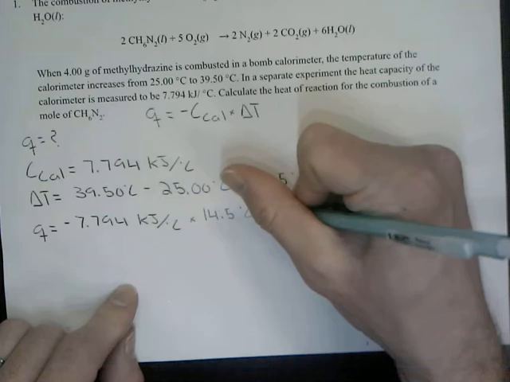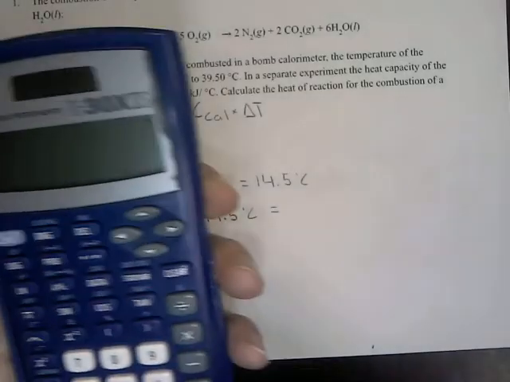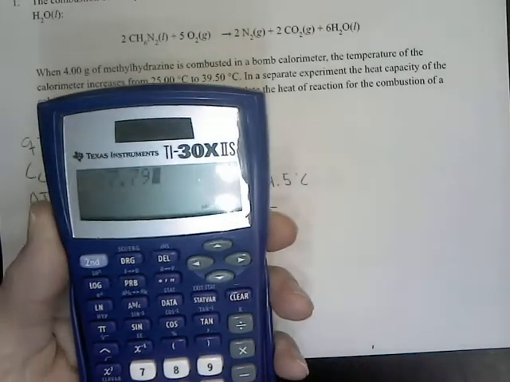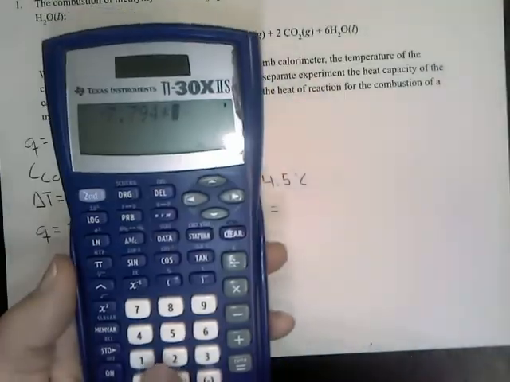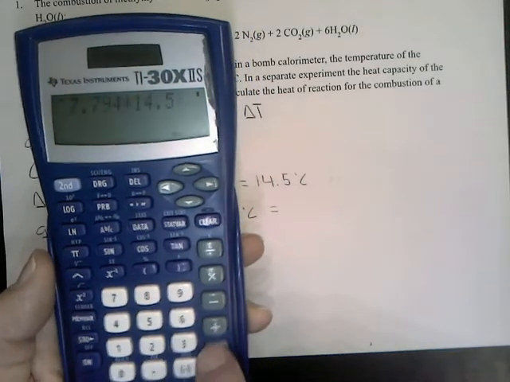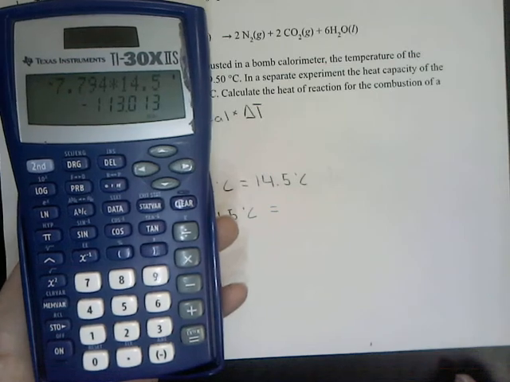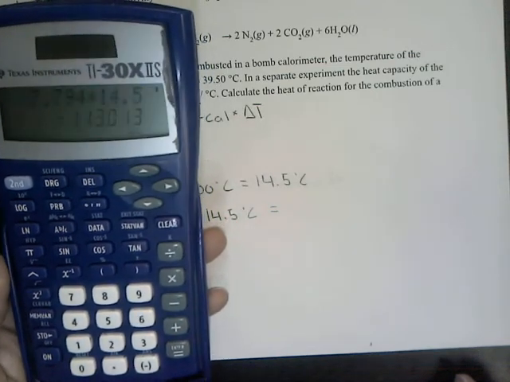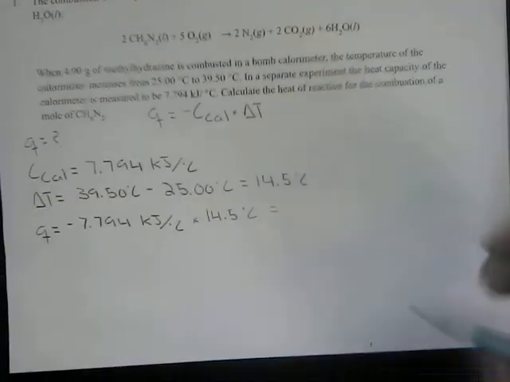Now we can calculate this out. We take negative 7.794 times our temperature change, 14.5. We press enter, and rounding to 3 significant digits, we get a value of negative 113 kilojoules.